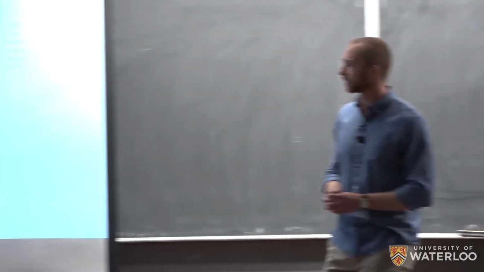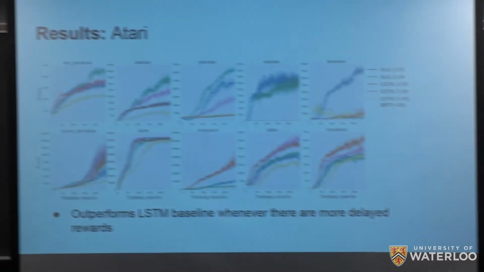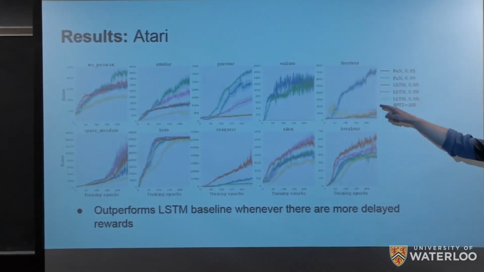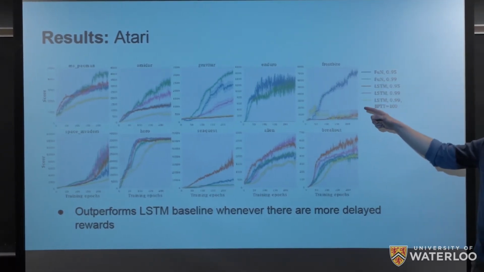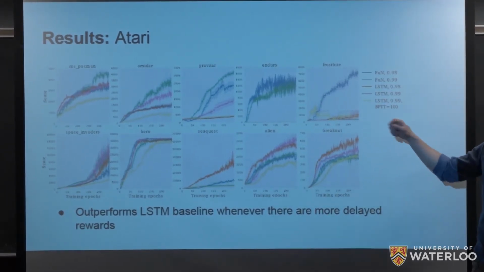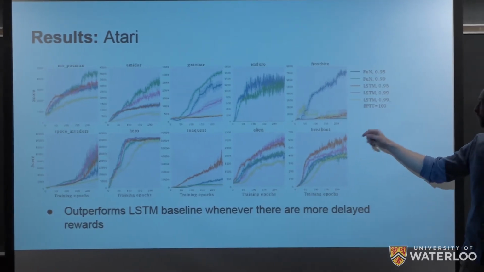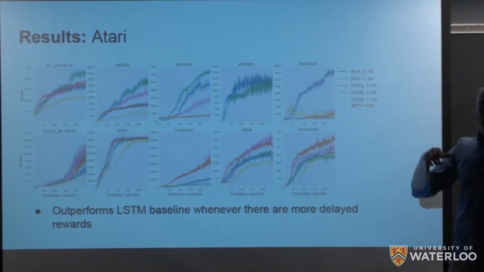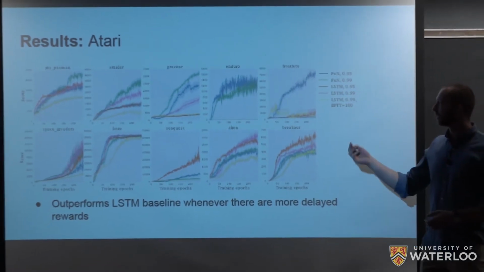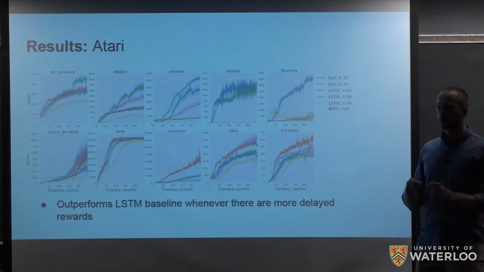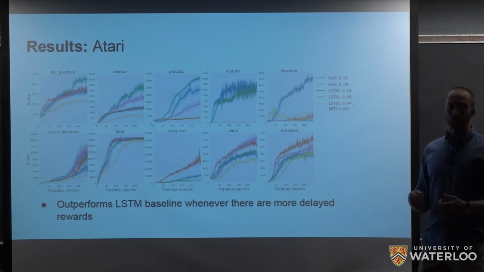So on to the results. In Atari, it's hard to see, but the FuN is the FeUdal network. In some cases, the FeUdal network performs better, and in other cases, it performs worse than the baseline, which was a CNN LSTM. Their idea, which I didn't really look into in detail, was that whenever you have more longer-term planning, the FeUdal network performs better, which is intuitively what we would hope, because that's the goal of the FeUdal network.